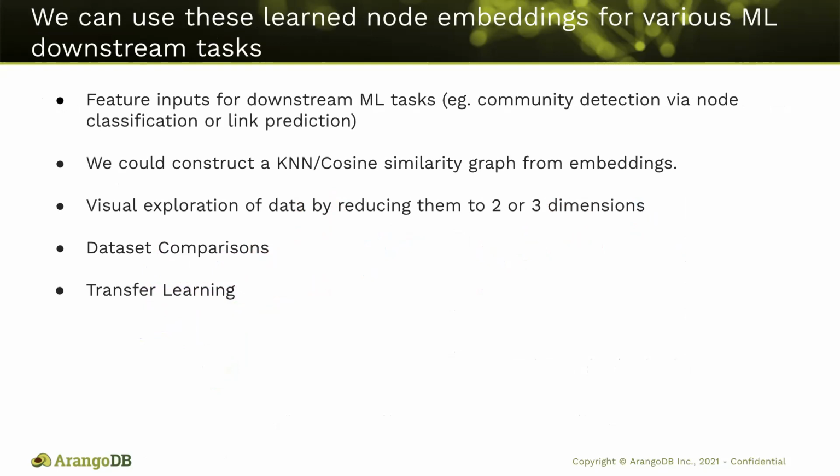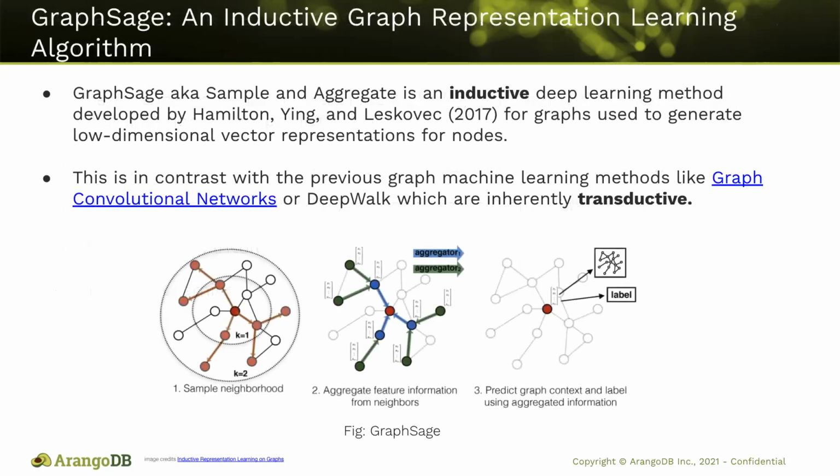We could construct a KNN, or k-nearest neighbor, or cosine similarity graph from the embeddings, and that graph could then be used to make recommendations, for example product recommendation. Then there is visual exploration of data by reducing it to 2 or 3 dimensions using the UMAP or t-SNE algorithm. This third one, the visual exploration by UMAP, we will do in this workshop during the hands-on session. And the fourth one is dataset comparison and transfer learning.